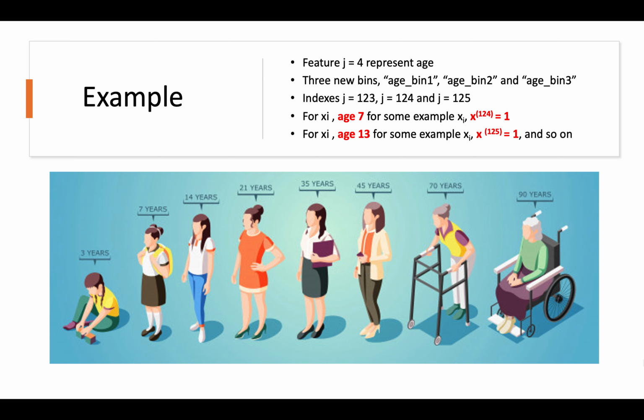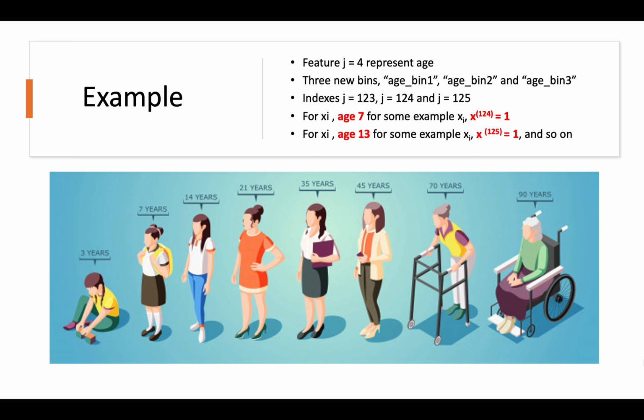For example, if we have three new bins, age bin 1, age bin 2, and age bin 3, then we have the added indexes j 123, 124, and 125 respectively. And by default, the values of these three new features are 0 at the beginning.